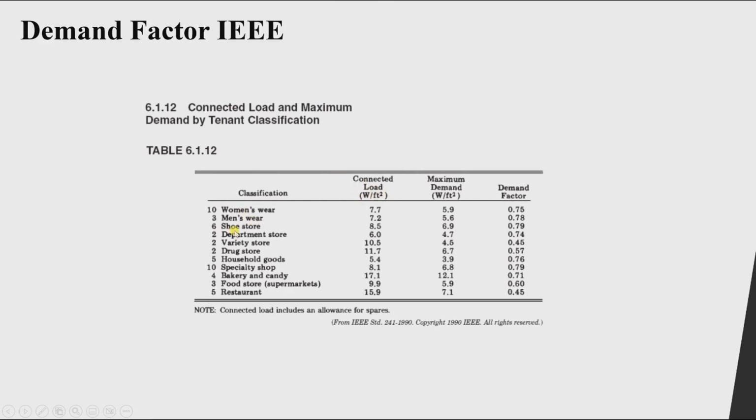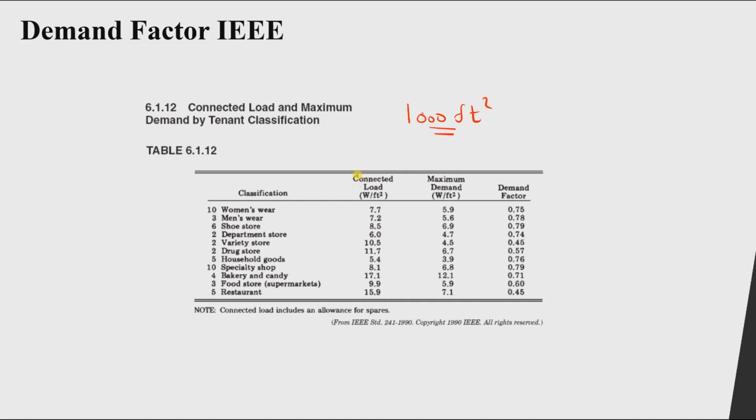So if you have a shoe store or a department store or drugstore or restaurant, and I would like to know the load of that restaurant, let's say I have a 1000 feet square restaurant. How can I get its load?